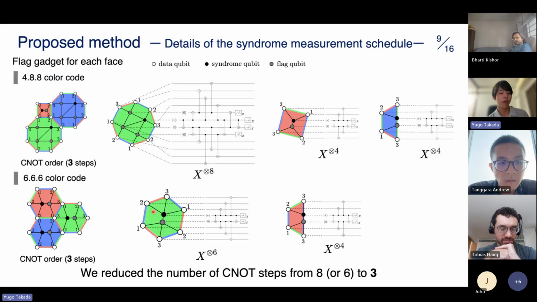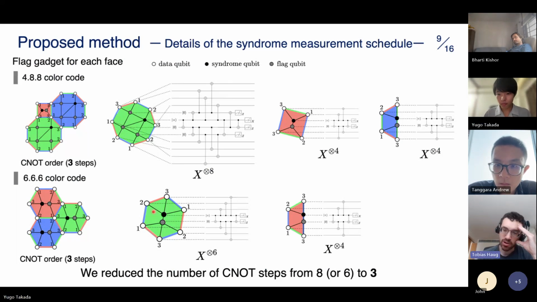I tried many examples of circuits, and I found a circuit that achieves the lowest logical error rate, but I didn't verify that it is optimal. But I believe that it's near.